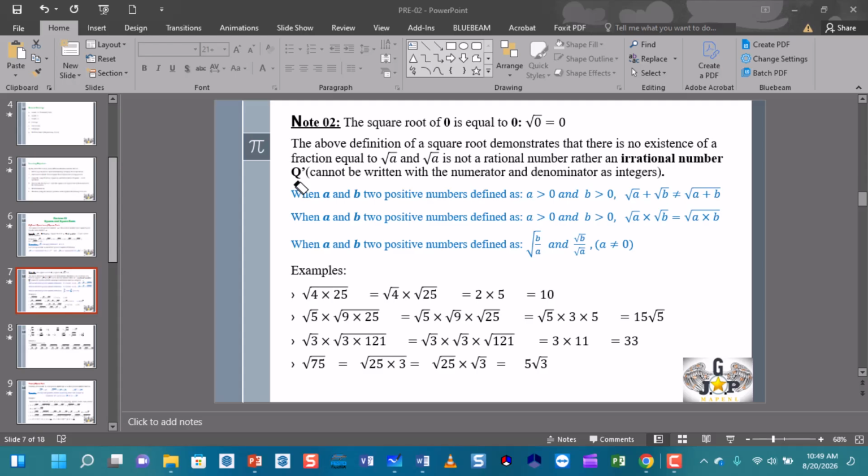The Q are rational numbers. The set Q is identical to rational numbers, and in brackets it says cannot be written with a numerator and denominator as integers. Okay.